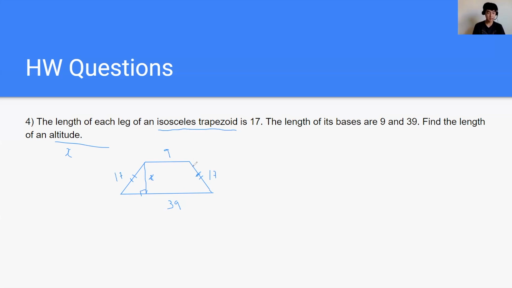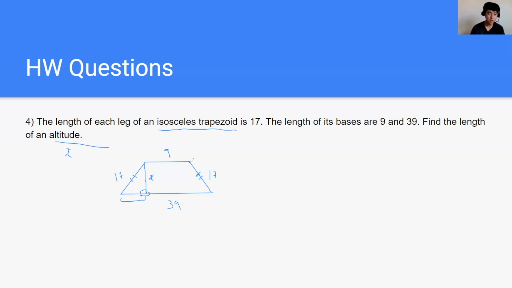The thing is, we found the right triangle right here, right? But we don't know one leg. So we have to find this first and use the Pythagorean theorem to find x. And that will be the length of the altitude.